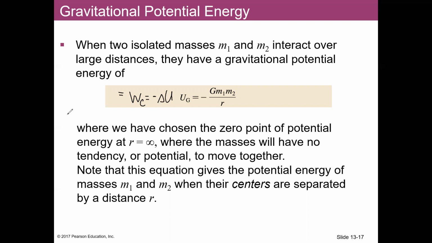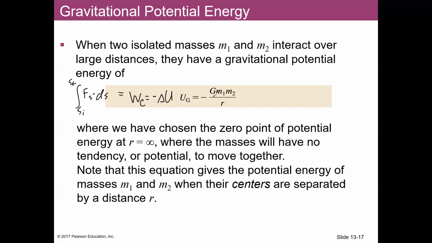The definition of work is the integral from some initial to some final position of the component of the force along that axis. And so from this, you can show that the negative of this integral gives you the potential energy function.